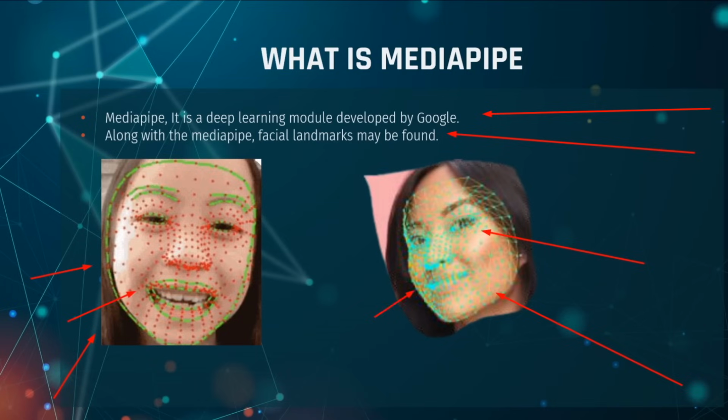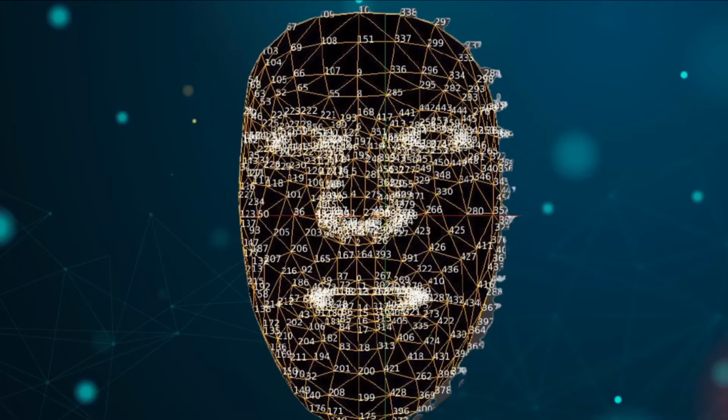So, what do I mean? We have a representative image, as you can see here, with various numbers available. For example, 103, 54, 333, and also 424. In fact, each of these numbers represents a landmark.